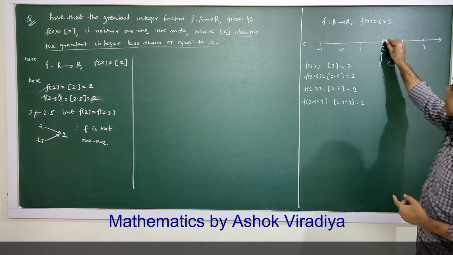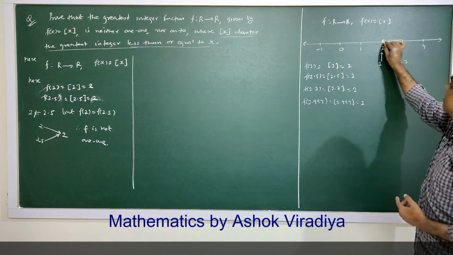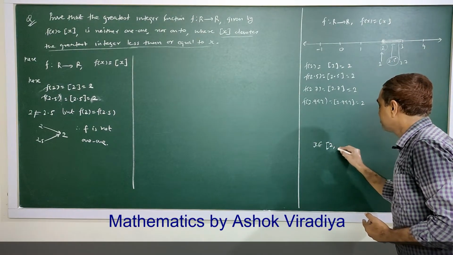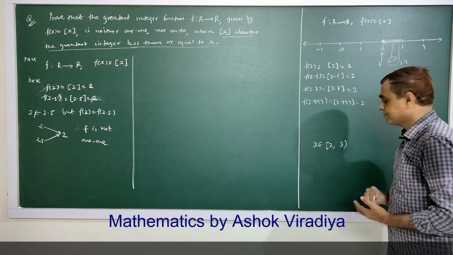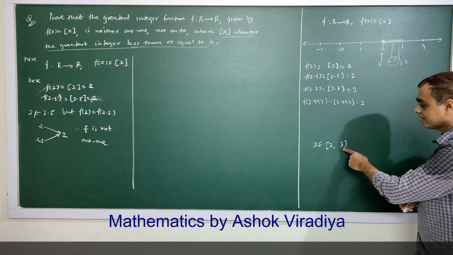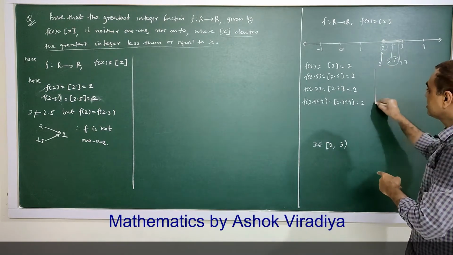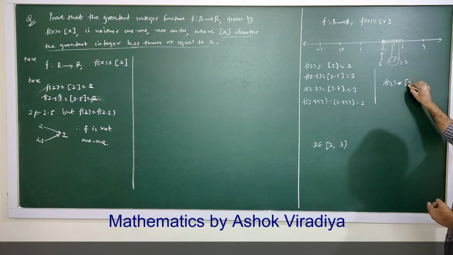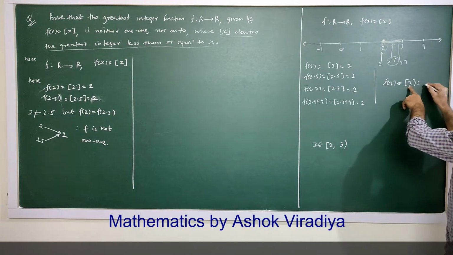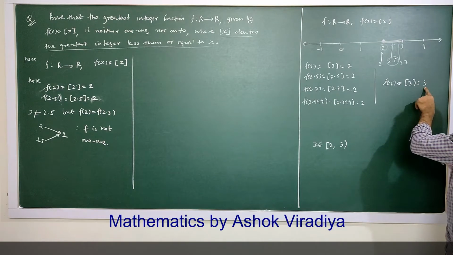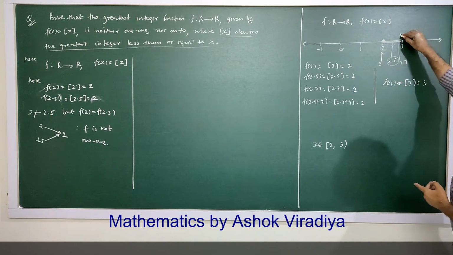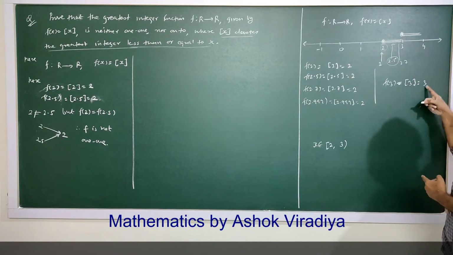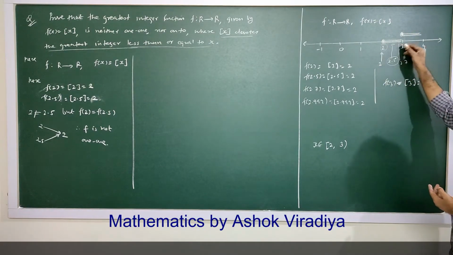That means if you take numbers from this part, if x belongs to closed 2 to open 3, why open 3? Because if you take 3, then box value of an integer is itself. So as 3 starts, images are new. For these numbers, image is 3. For these numbers, image is 2.